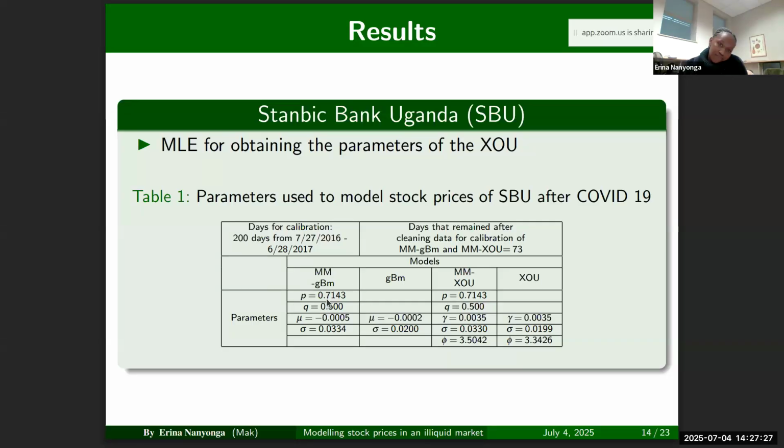The data was the same, therefore the probability of transitioning from state 0 to 0 in the GBM was the same as in this other model. From the data that we use here, the probability of transitioning from state 1 to 1 is lower than from state 0 to 0, yet this is one of the liquid stocks.